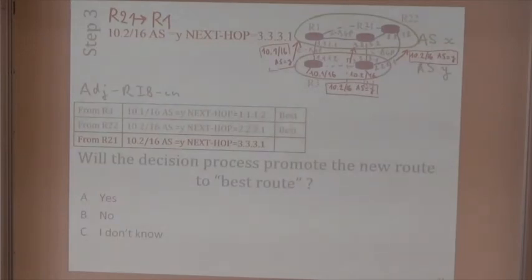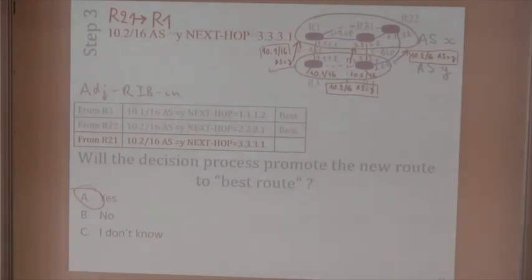I close the poll in 5 seconds. The majority says yes, and it's the correct answer. So here the decision process will go through the same kind of rules, through the same steps as in the previous case, but now both are received from IBGP.